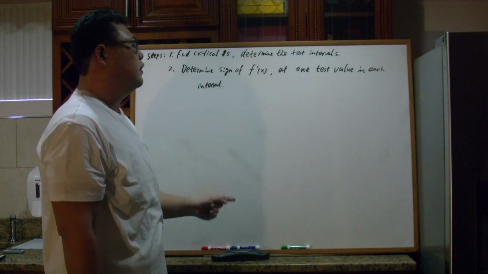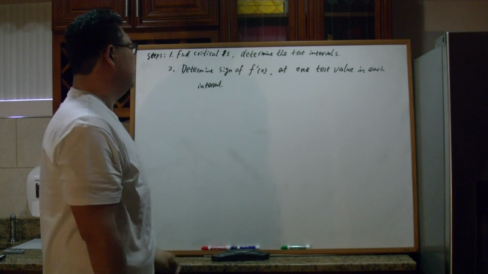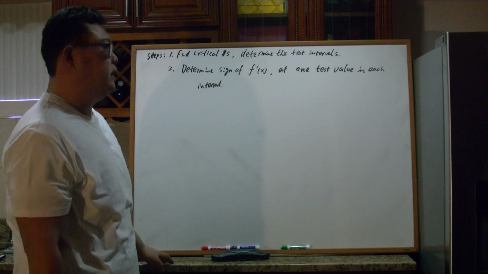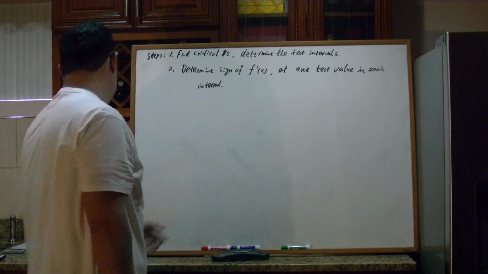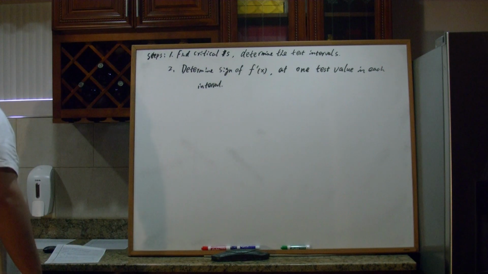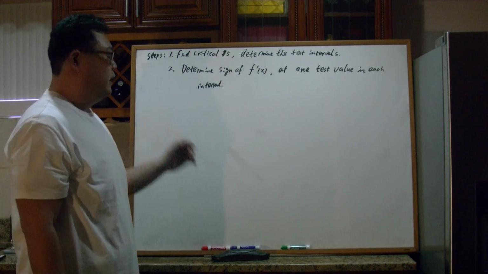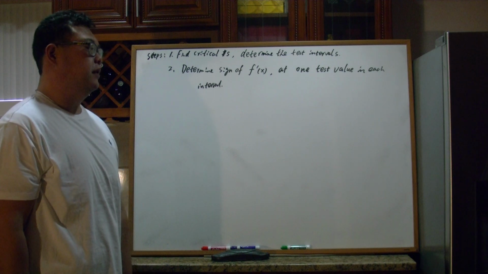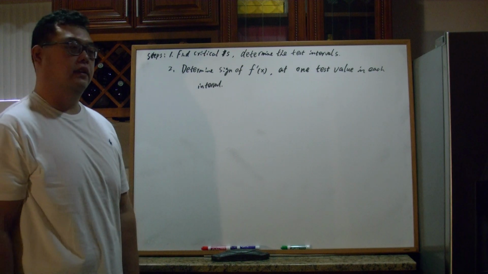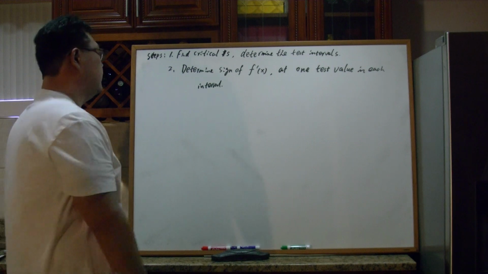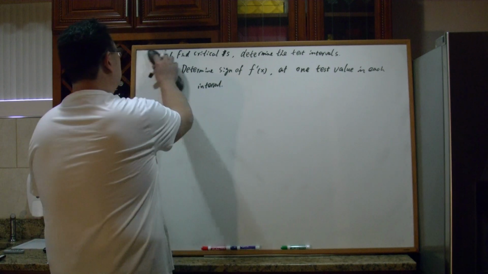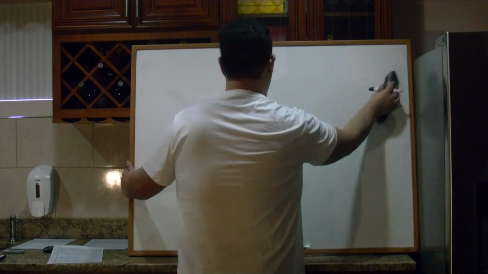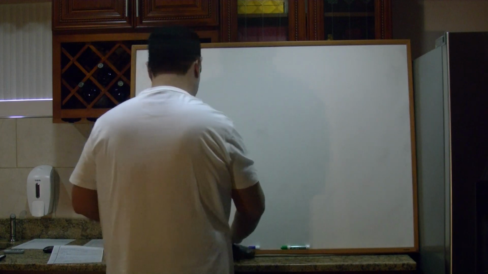For each interval, the function should be monotonic. Then determine the sign for each interval. We just need one test value inside each interval to get the sign. Then from the sign we are able to determine whether the function is increasing or decreasing on this interval. Well, basically everything is regarding the domain, so the domain is always very important.